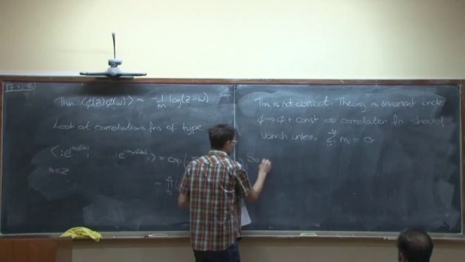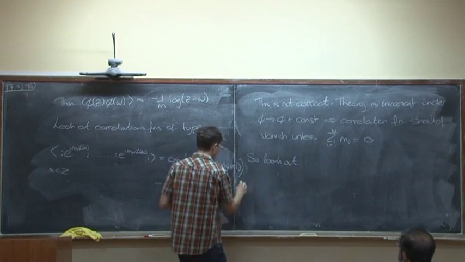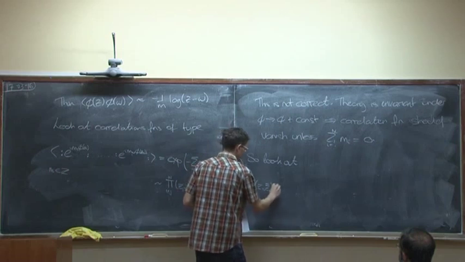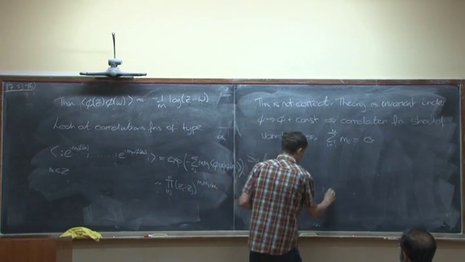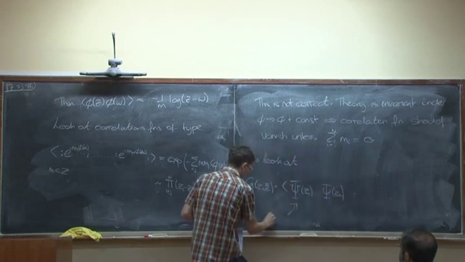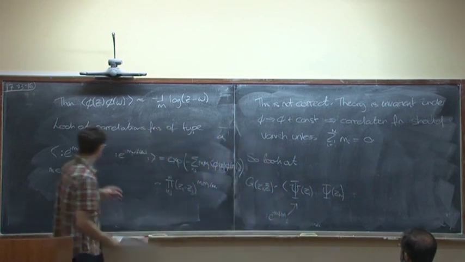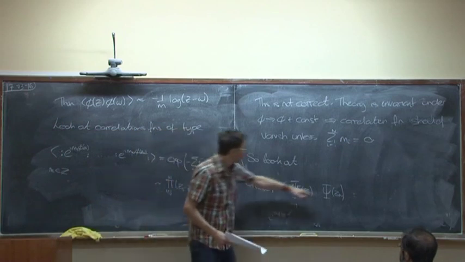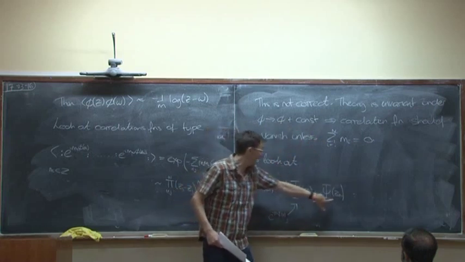So the trick is, we're going to look at the following correlation function, G of z_i, z_i bar. We're going to put in a whole bunch of electron operators, where each electron operator is this, with m_i equal to n. But then the sum of all the m's is m times n, the number of insertions.